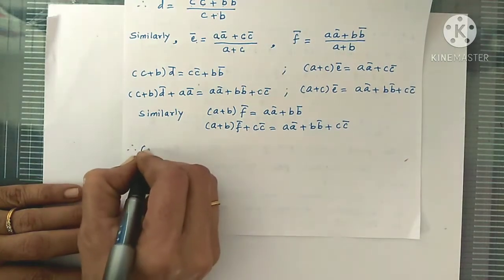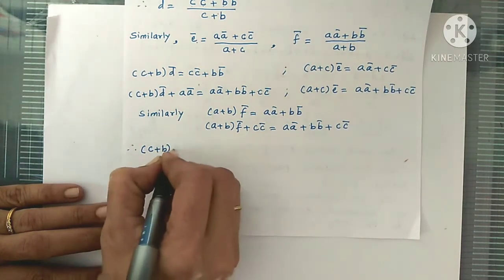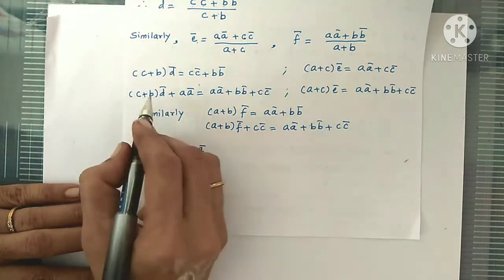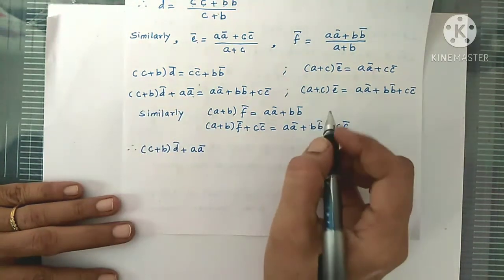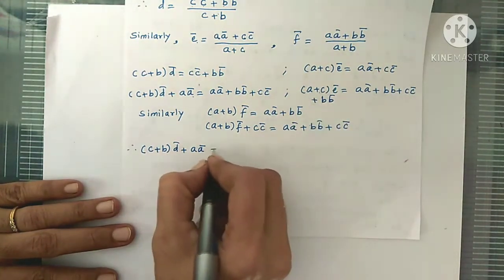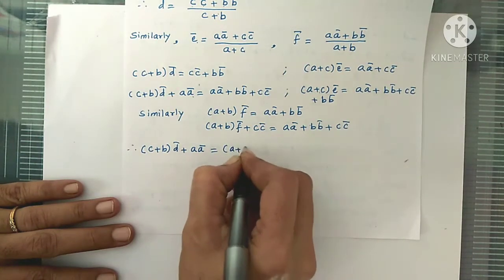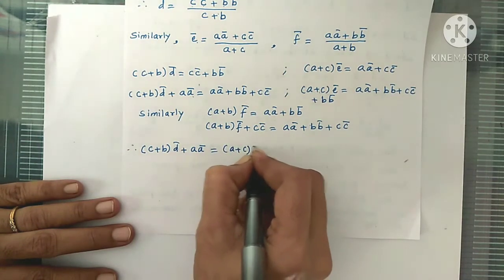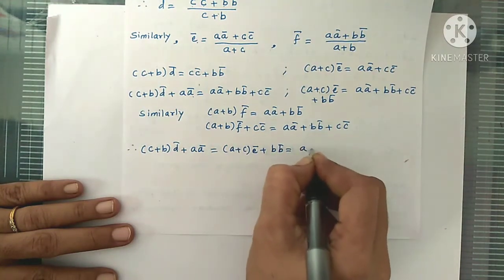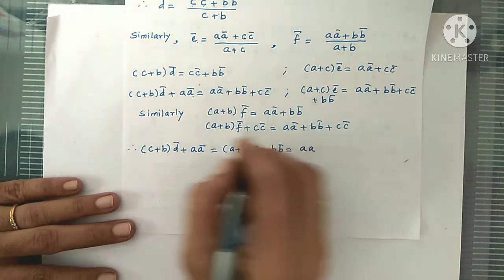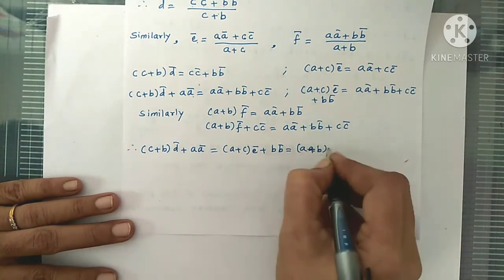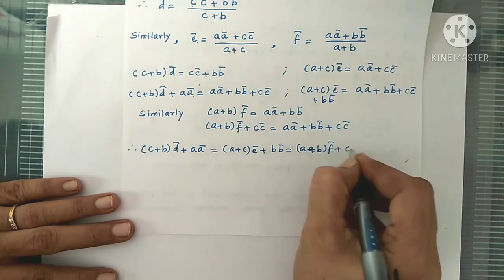Therefore we have (C + B)D bar + A A bar, equal to (A + C)E bar + B B bar, equal to (A + B)F bar + C C bar, equal to A A bar + B B bar + C C bar.